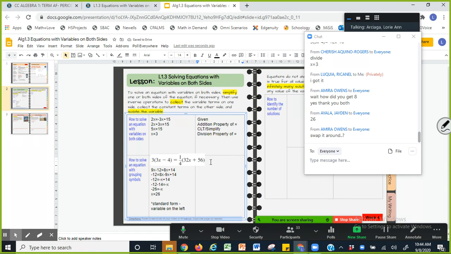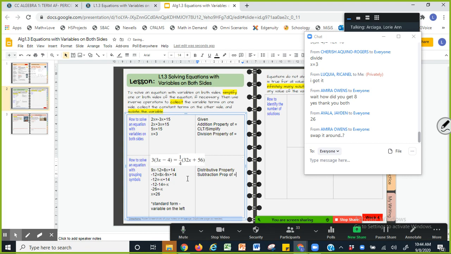Okay, so Louisa started this by distributing, right? So we put distributive property, and then Silly decided to move the 9x to the other side, so she subtracted 9x, right? So subtraction property of equality.